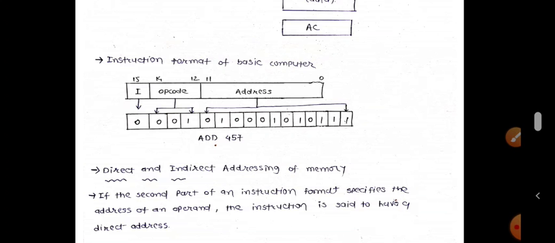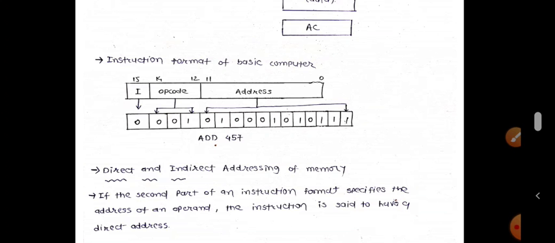Bits 0 to 11 stand for address, bits 12 to 14 stand for opcode, meaning operation code, and the last bit, the MSB, bit 15, stands for I. I means direct or indirect addressing mode.